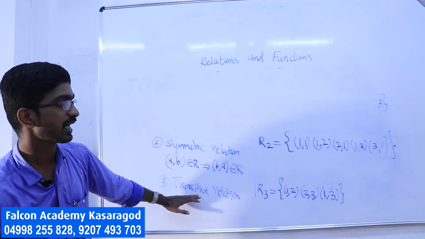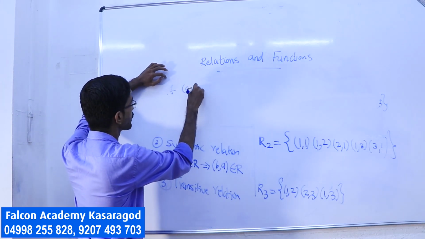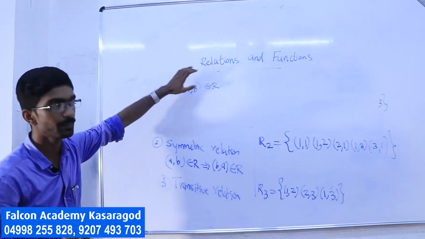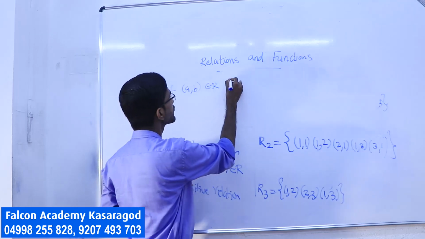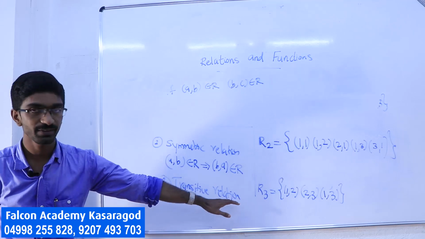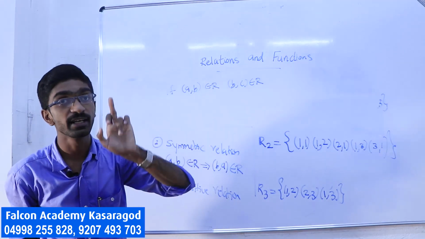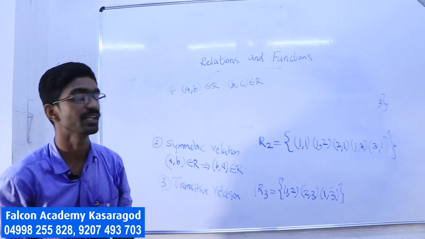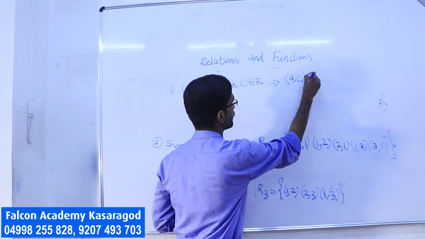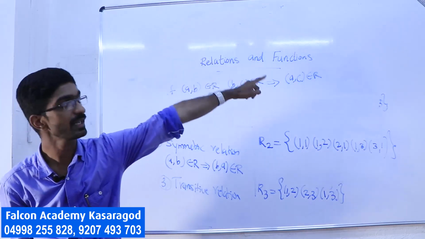I can define the transitive relation as if AB belongs to R and BC belongs to R, then there must be the element AC. This will imply AC belongs to R. Okay, AB is there, BC is there, then there must be AC.